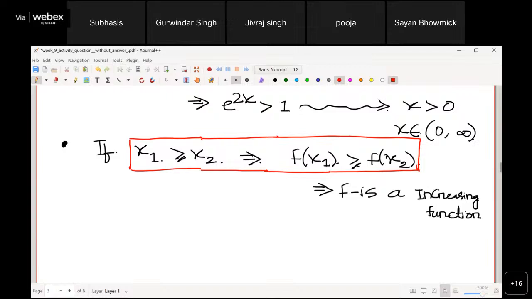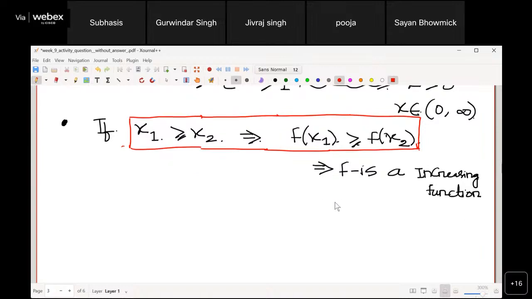Before that, let me ask you: do you agree that the exponential function is an increasing function? Yes, sir, it is. If you see the graph, it is increasing.